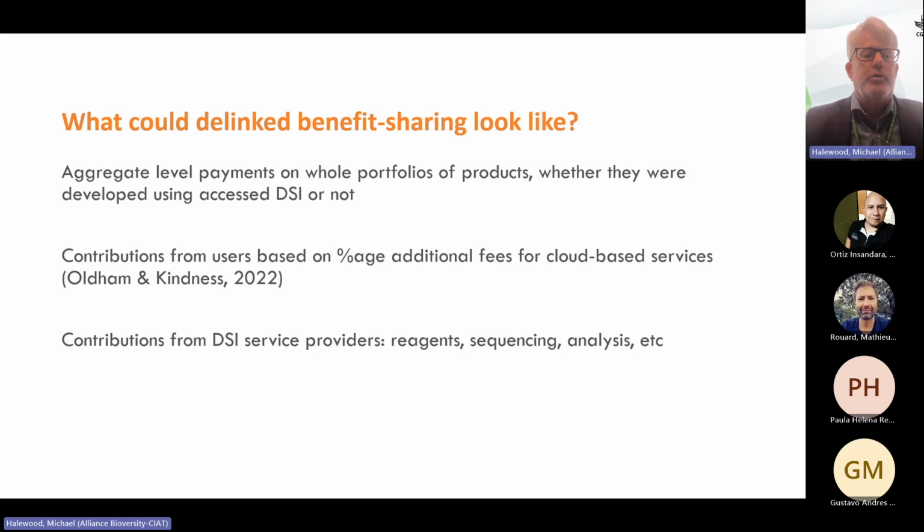Another is that contributions from users would be based on a percentage of additional fees for cloud-based services, which we've heard from Paul Oldham over time. A third is that there would be contributions from DSI service providers, selling reagents and conducting sequencing and developing analyses, which they then share on a fee-for-service basis, which we pay for sometimes.